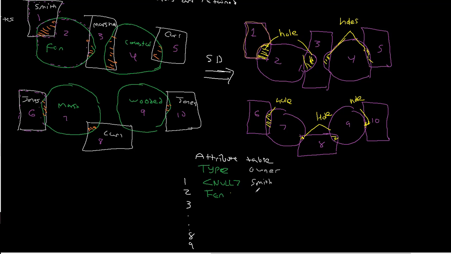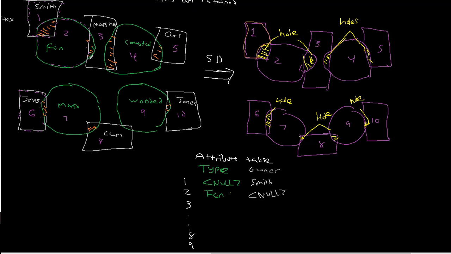So its owner is going to be null, because again, there is no overlap between construction sites and wetlands here. So it only has the attribute coming from the original wetland. Okay? So let's look at 3.